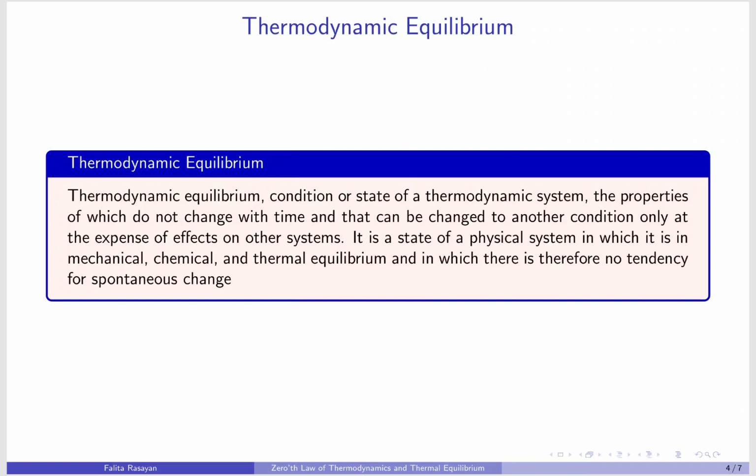We will cover them in later chapters. At least we will talk about thermal equilibrium in this chapter and in this lecture for a bit. When a system is in thermal equilibrium, there is no tendency for the system to change itself without any aid from an external agency.